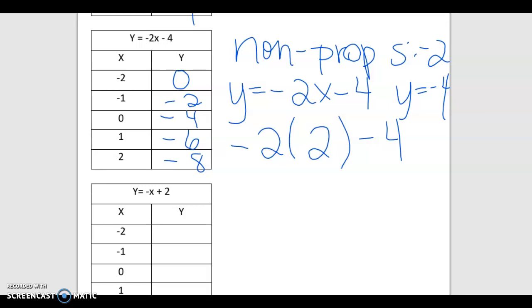Notice also for my x values, I have chosen negative 2, negative 1, 0, 1, 2. But it's important to know that this table extends to negative 3, negative 4, negative 5, and on. And it goes the other direction of 1, 2, 3, 4, 5, 6, 7. When I look at a table, I'm looking at just a glimpse of that table, just a piece of it.